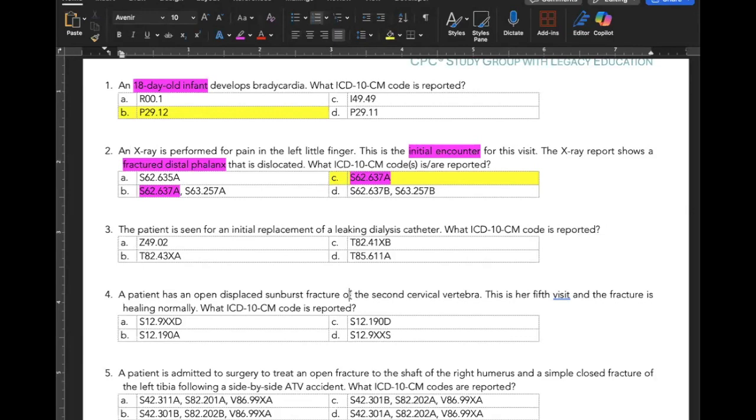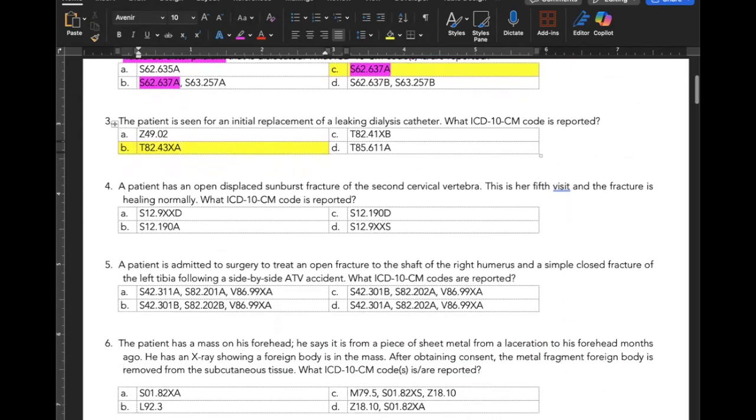Once we get back to T82.43, we know we need a seventh character, right? So that's where our X comes into play for the placeholder. And then we have to go back to the beginning of the T82 category to find our seventh character. Okay. Any questions on that one?